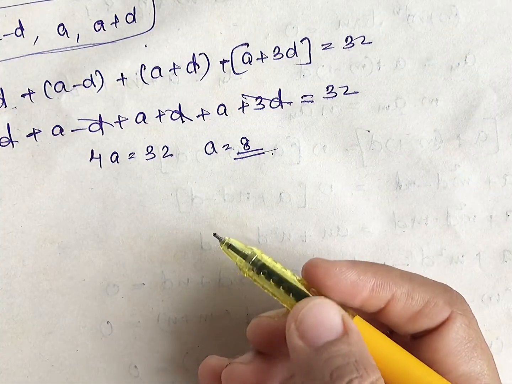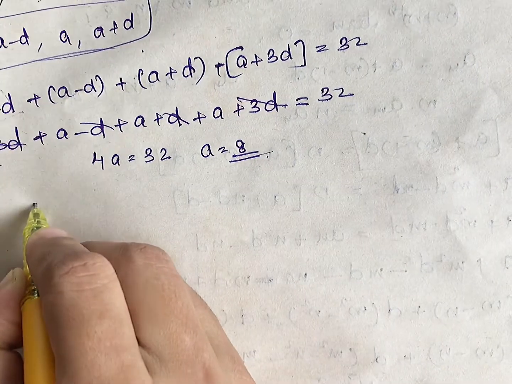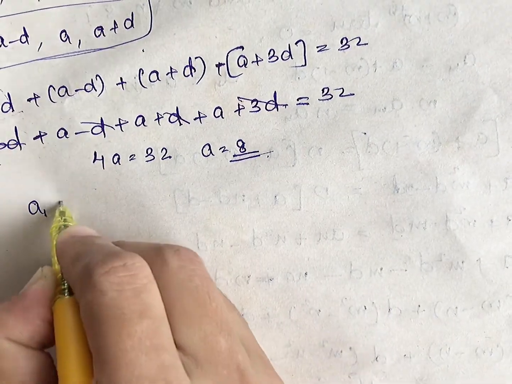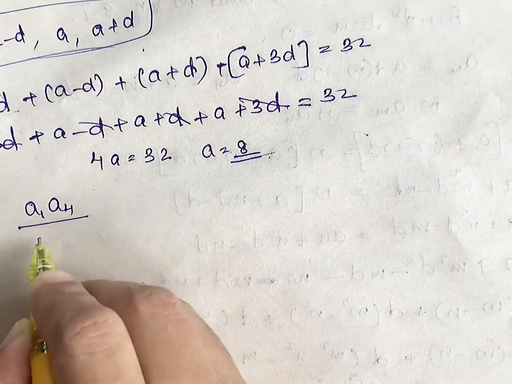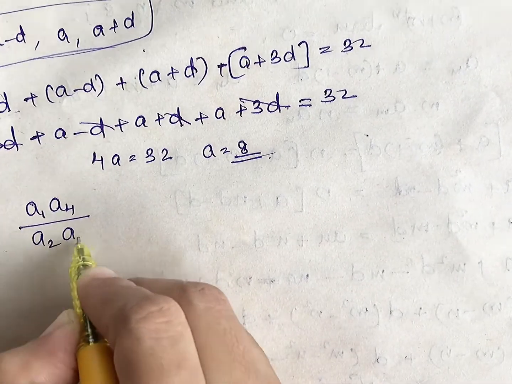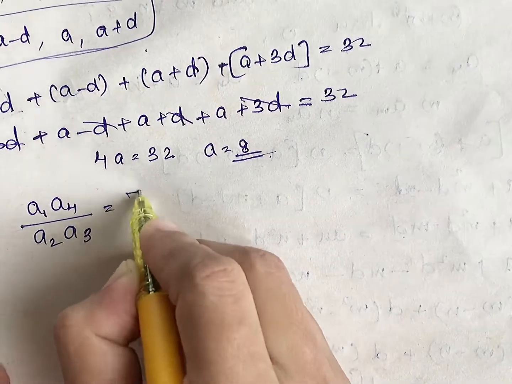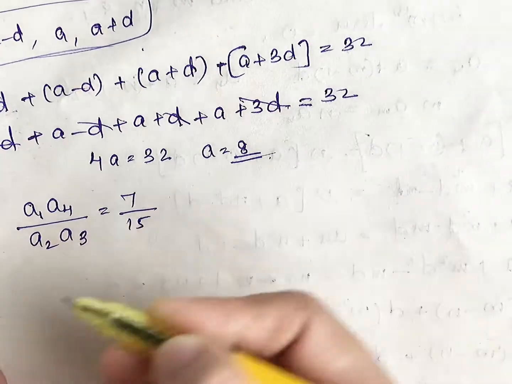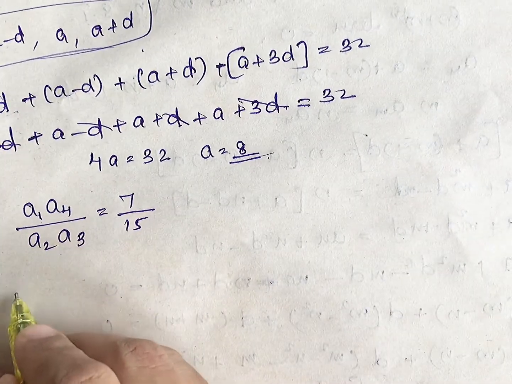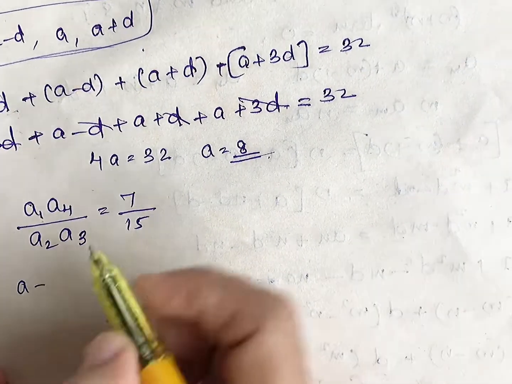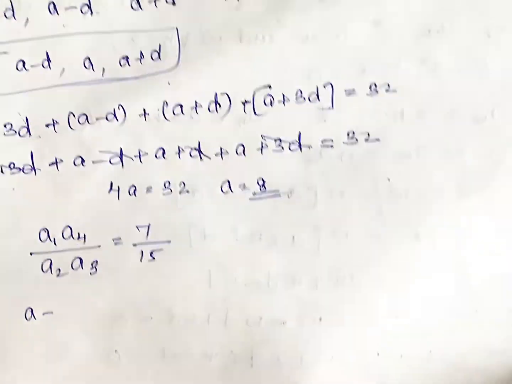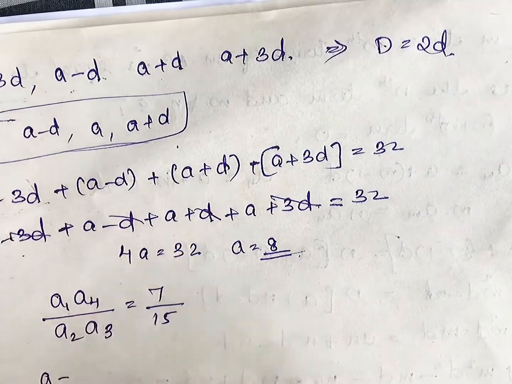Now we are given the ratio between the product of the first term and fourth term to the product of the second term and third term is equal to 7/15, right? Therefore a1 is equal to a minus 3d. We have taken the first term as a minus 3d.